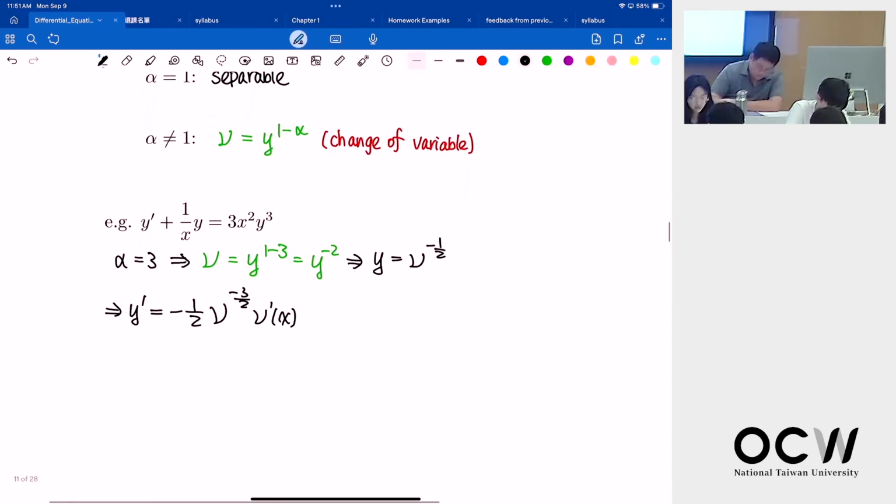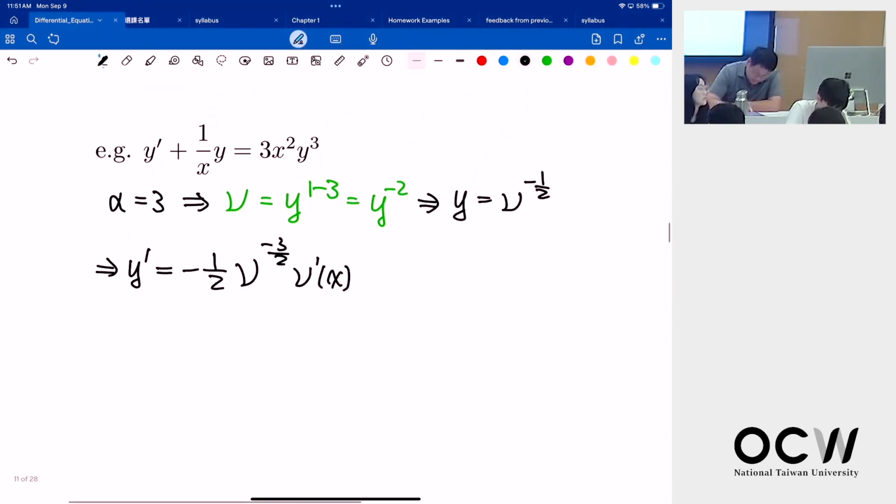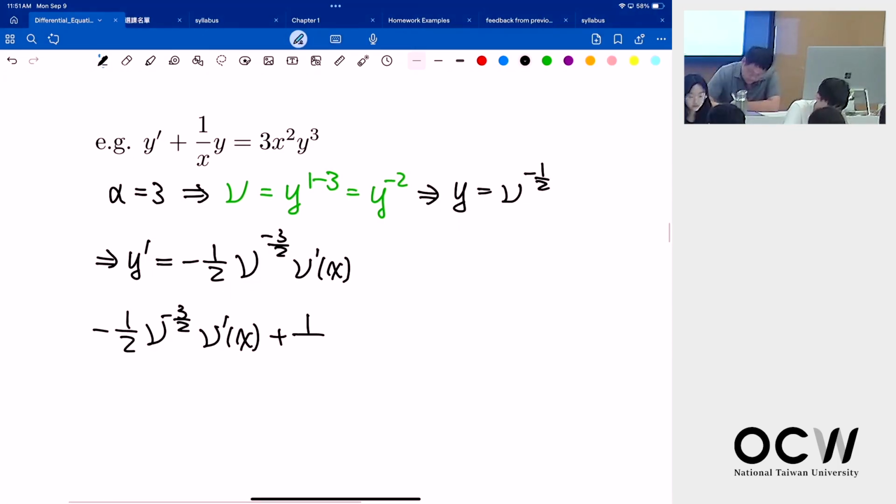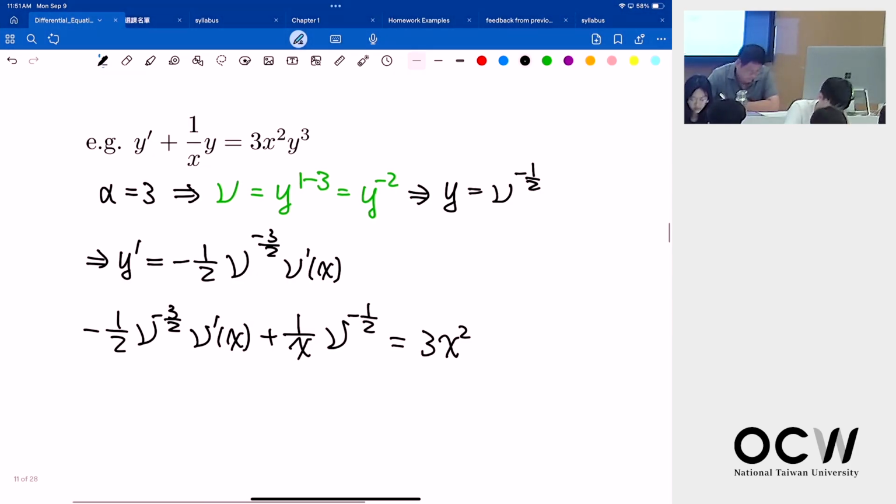When you bring it back, you have minus 1 half mu to the minus 3 over 2 mu prime plus 1 over x, and your y is mu to the minus 1 half, that equals 3x squared, and y cubed will be mu to the minus 3 over 2.